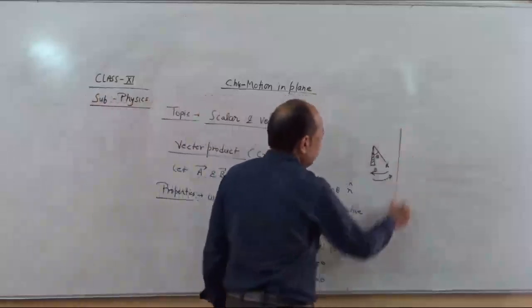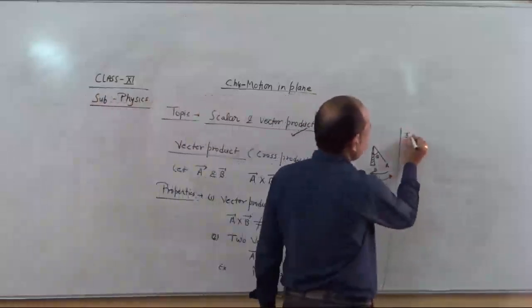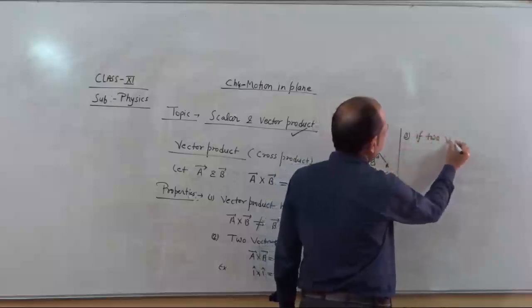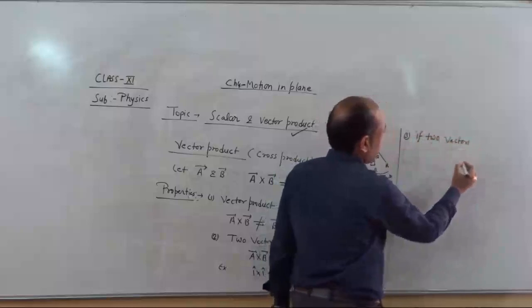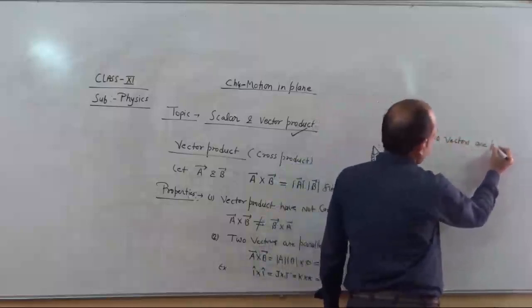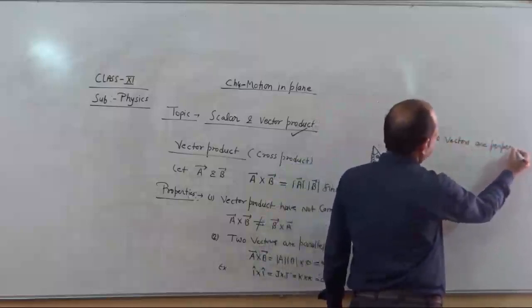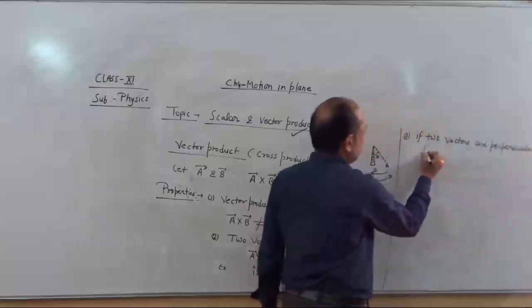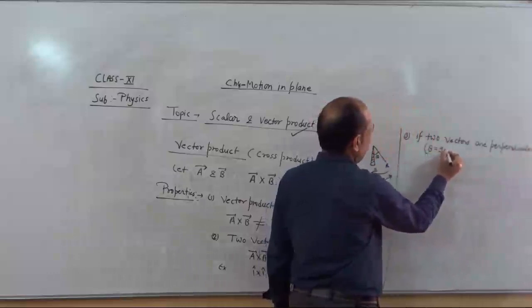Number third: if two vectors are perpendicular, in the sense theta equals 90 degrees.